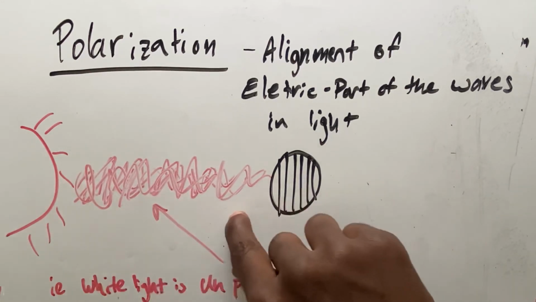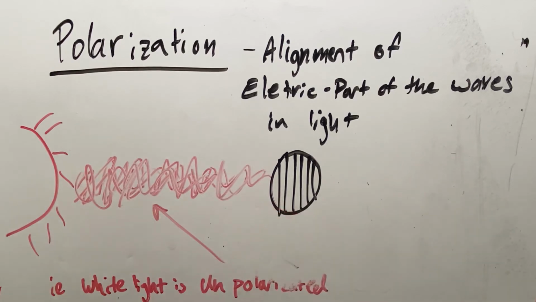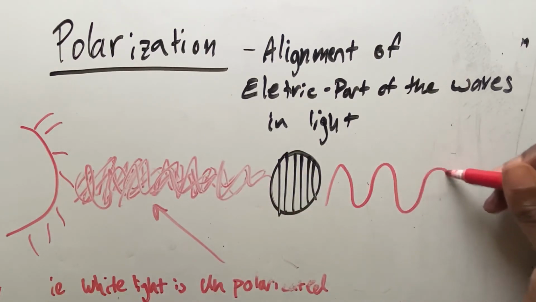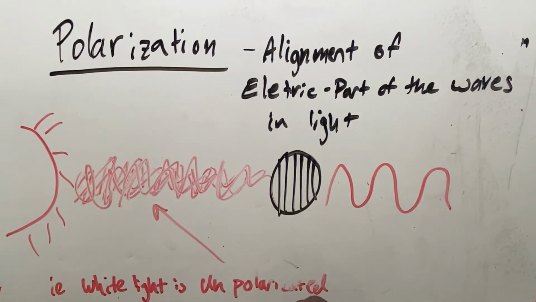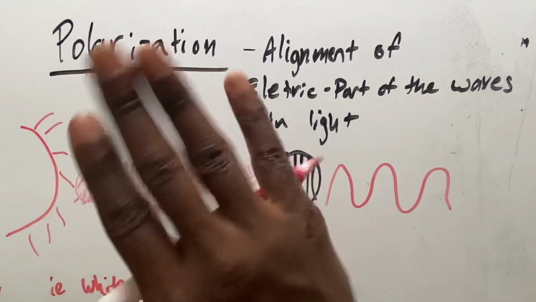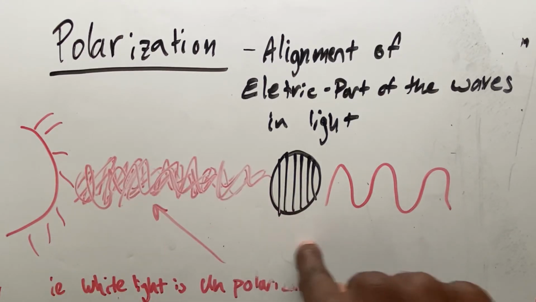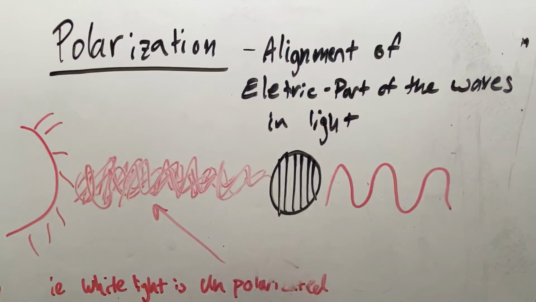So once the light passes through here, the light's going to be organized and aligned in the up and down direction, because none of the other light's going to make it through, because it's too random. But the light that's going up and down will be able to pass through this polarizer here.